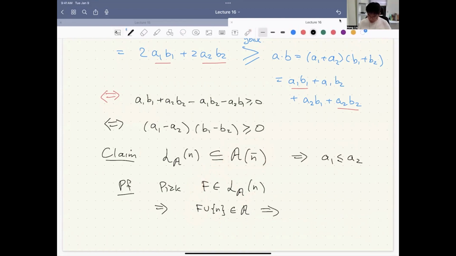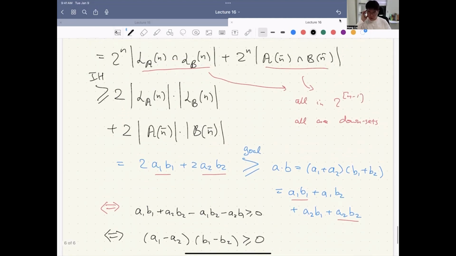This implies A is a downset, F is also in A. Actually, it's in A not containing n. That finishes the whole proof.